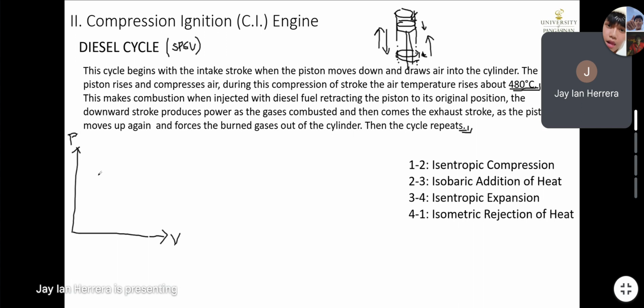Okay, let's draw the given PV diagram. So, point 1 natin, dito pa rin yan, parang sa Otto. So, process 1 to 2 is isentropic compression. Parang process 1 to 2 lang din ni Otto yan.